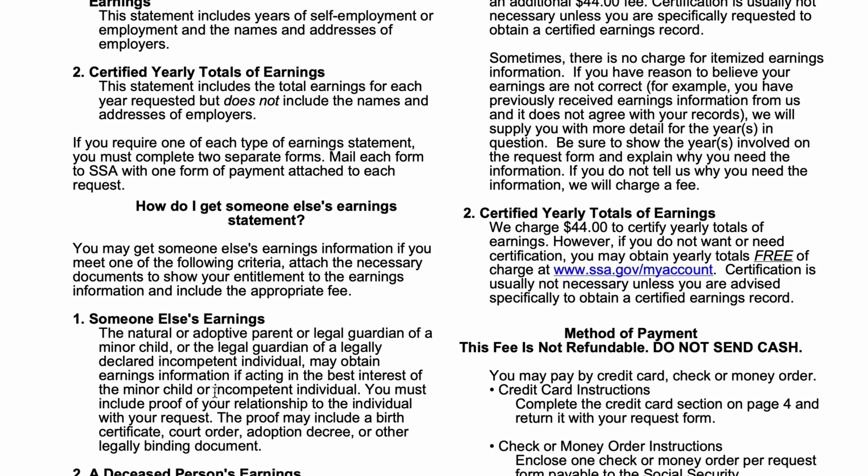So if you are the natural or adoptive parent or a legal guardian of a minor or the legal guardian of someone that is declared legally incompetent, then you can do this. Your proof might include a birth certificate, court order, adoption decree, or some other legally binding document.